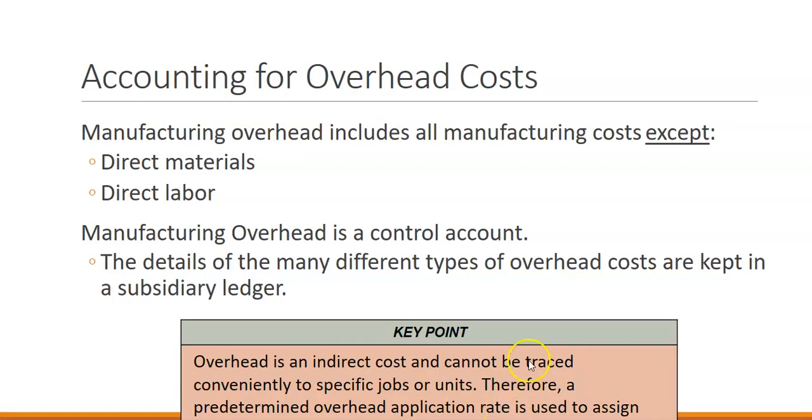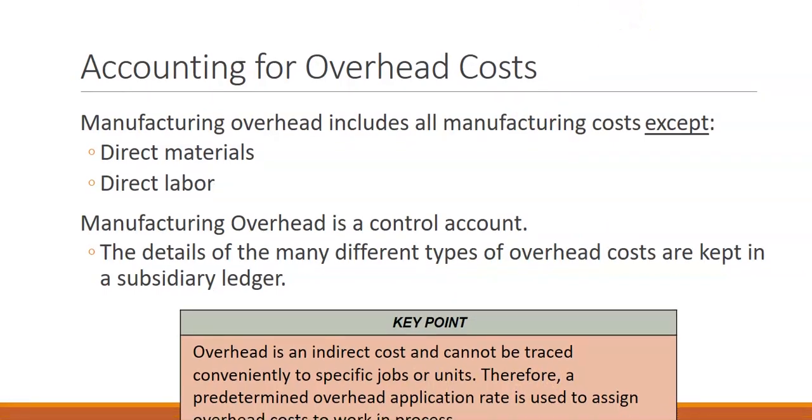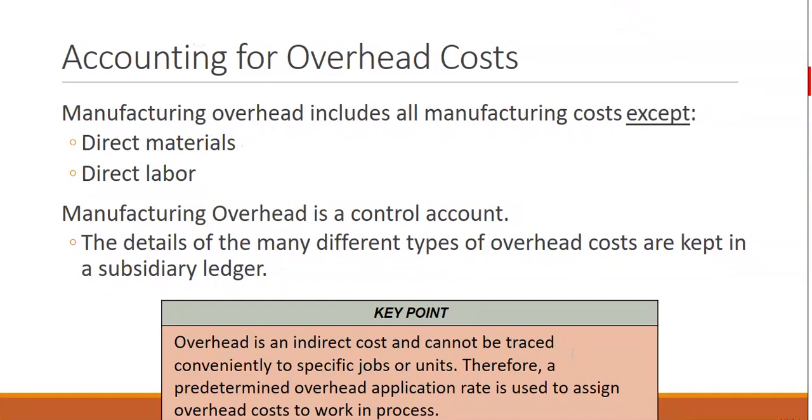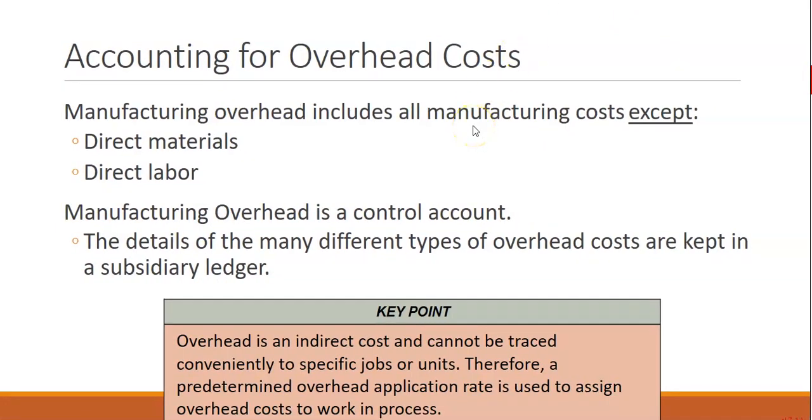So how do we account for overhead costs? We have direct materials and direct labor and overhead. What goes into overhead is all manufacturing costs except direct materials and direct labor.